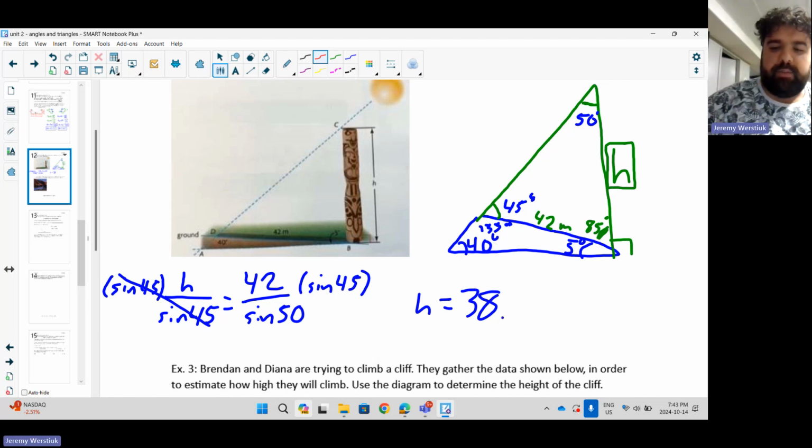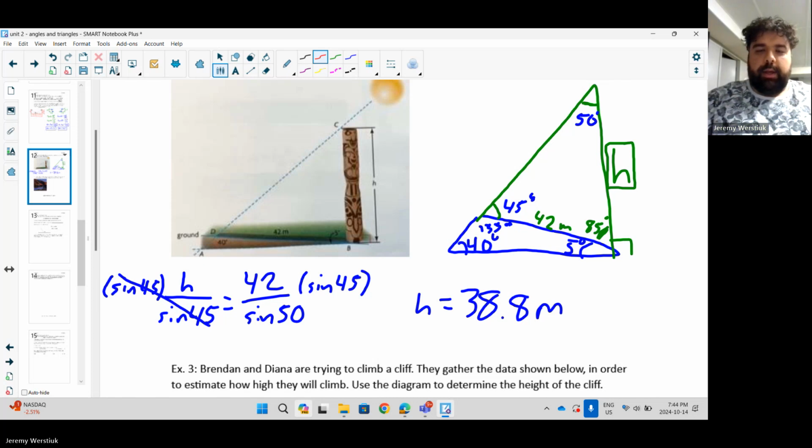It doesn't give a specific precision, so I'm just going to go to one decimal place, and that would round to 38.8. I got 38.7686, and my units for this are meters. Using the sine law and a bunch of angle relationships that I should be well versed at, I figured out the height of this totem pole.